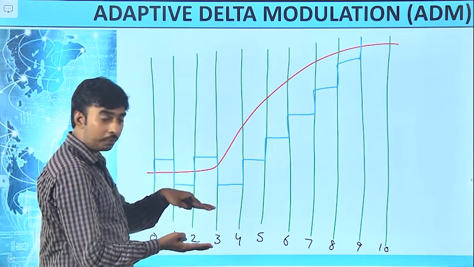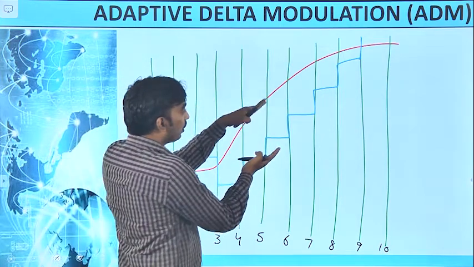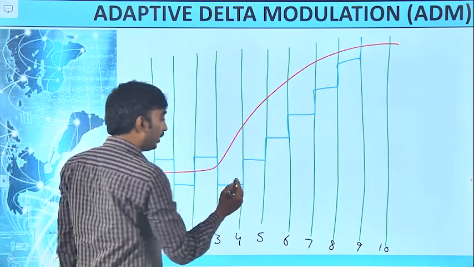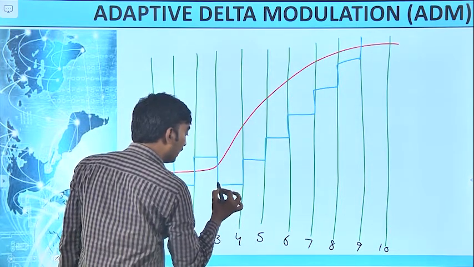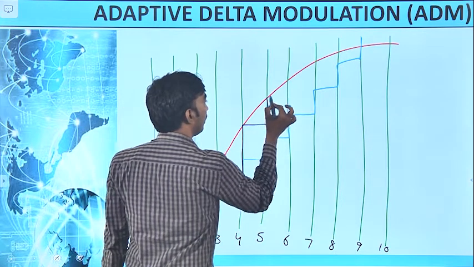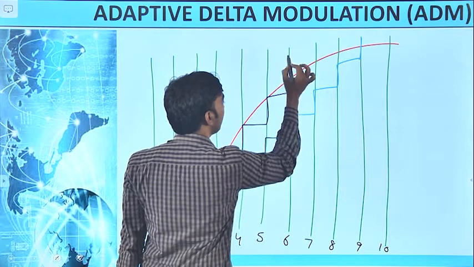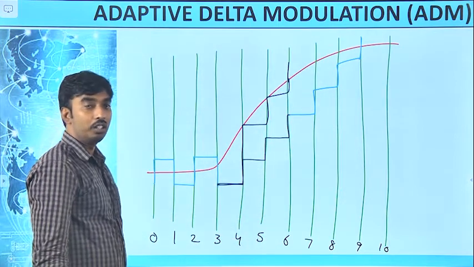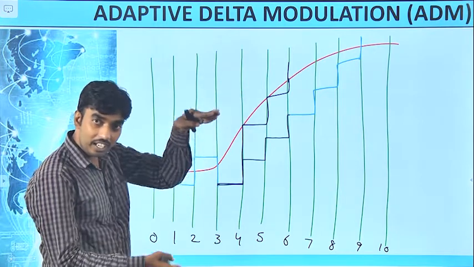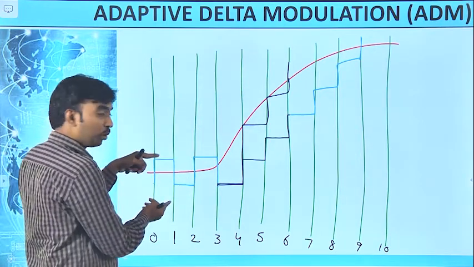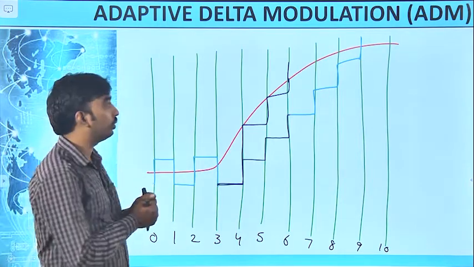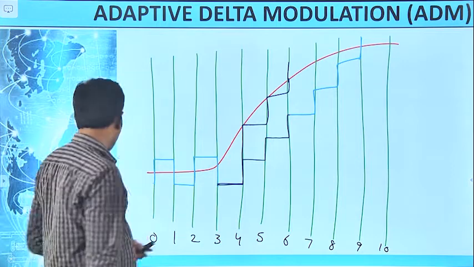When the input signal slope is very high, see this one, the slope is very high, I am going to increase the step size. Right, I am going to increase the step size. When the input signal slope is very high, the step size is high. When the input signal slope is less, the step size is less. Right? How I am going to achieve this, we are going to see now.